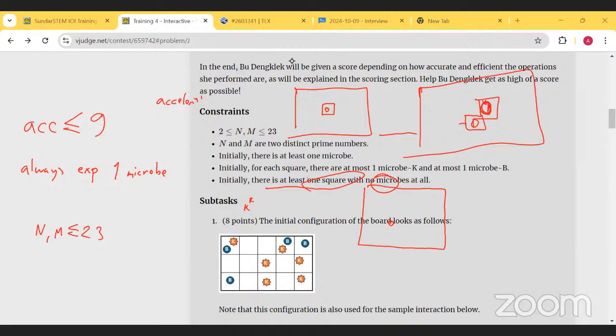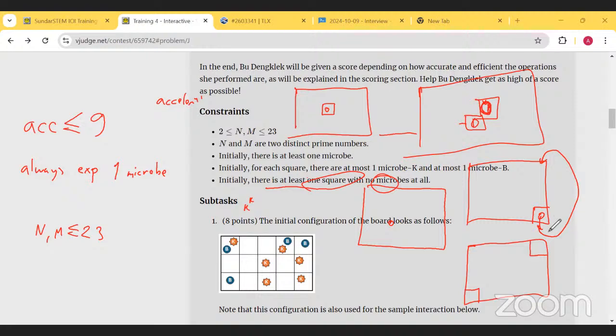What if the empty cell is in the bottom right? Okay, that's a good question. What if the initial empty cell is in the bottom right? Then after we do one acceleration, we have to check here, because microbe B will move circularly and become in the topmost cell.